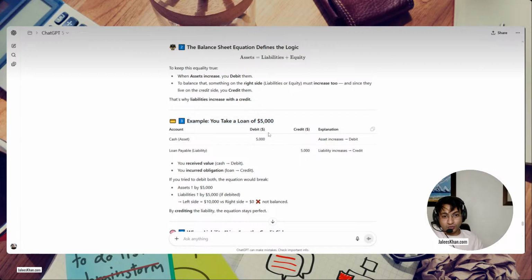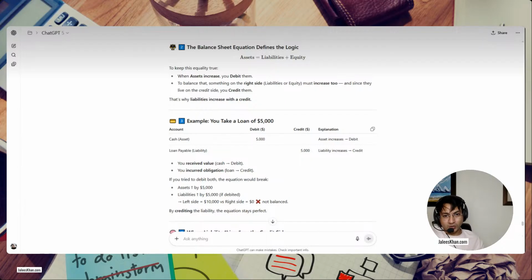Example: you take a loan of 5,000. Cash, asset, 5,000. Then loan payable, liability, 5,000. Liability increases, credit.